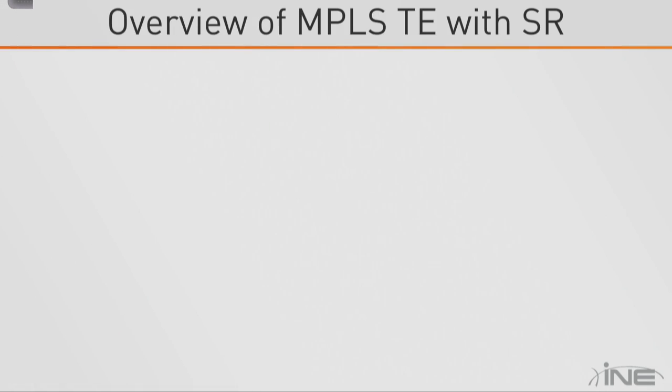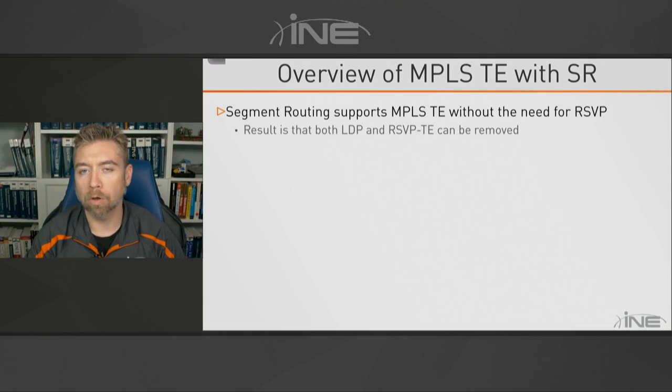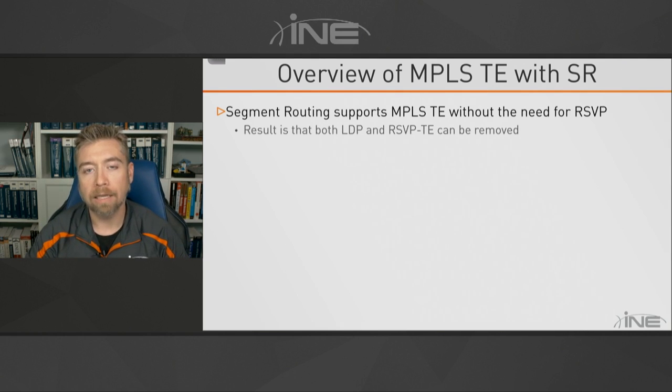Now, the main advantage that we'll see when looking at traffic engineering with segment routing, as opposed to just TE on its own, is that we no longer have the requirement for the resource reservation protocol. With RSVP TE, the big issue with scaling the network is that the devices in the middle need to maintain the state for the tunnels.